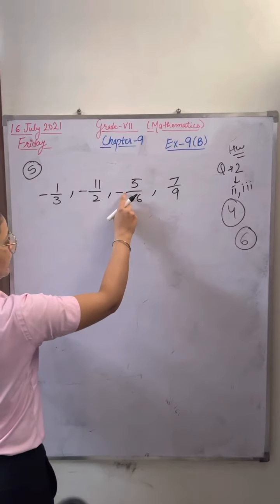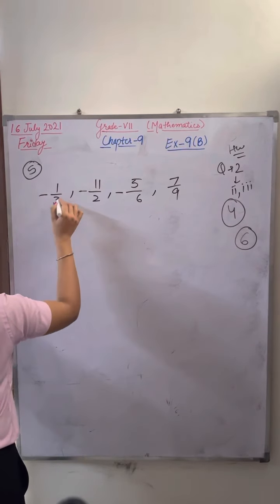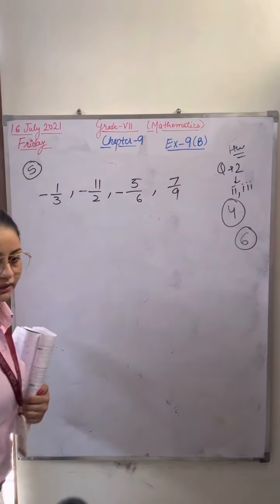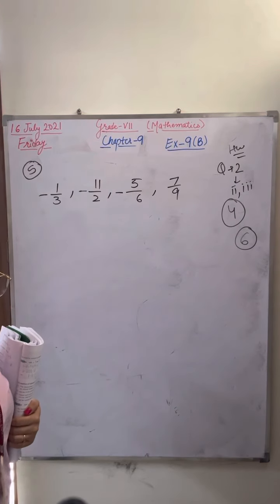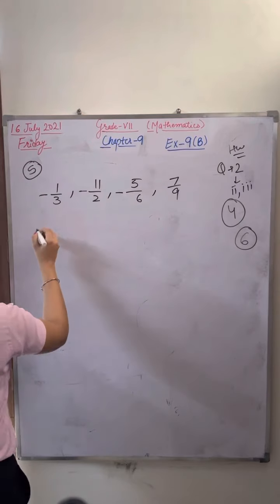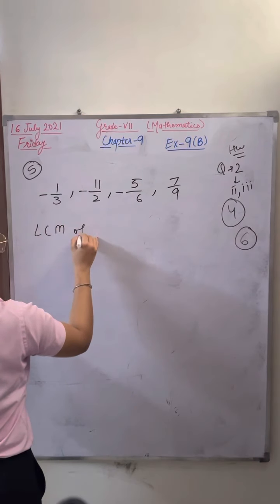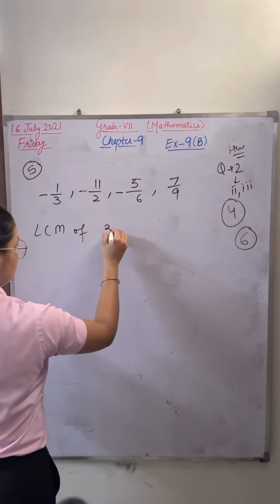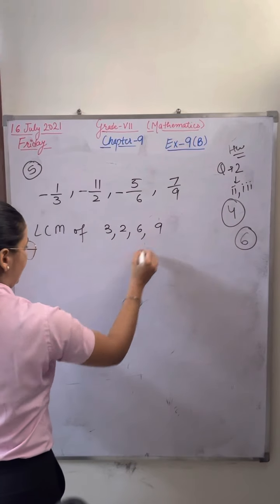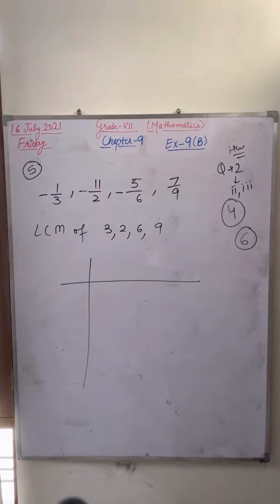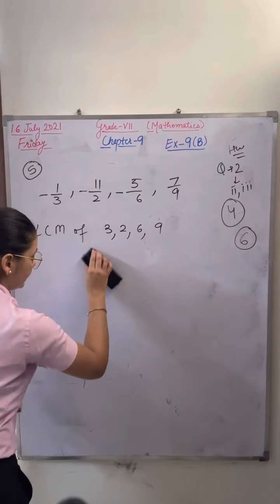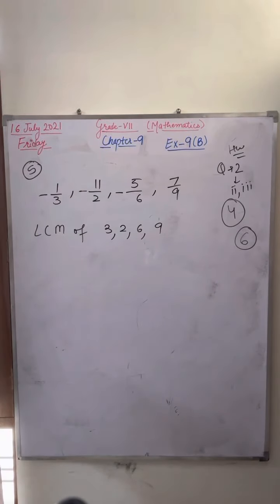Now, first of all, check the denominators. All are different denominators. So find out the LCM of all these denominators: 3, 2, 6 and 9. I am doing it on the right hand side. Here I will write the answer.